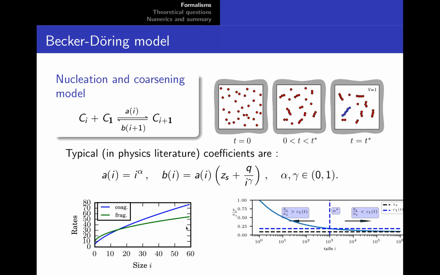This will be important next. And we have typically a threshold where all sizes below this threshold tend to shrink, and all sizes above this threshold, depicted here N star, will tend to aggregate and become larger and larger.